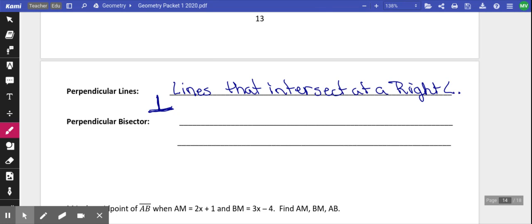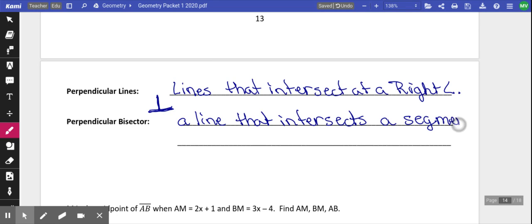So the perpendicular bisector is a line that intersects a segment at a right angle and the midpoint.